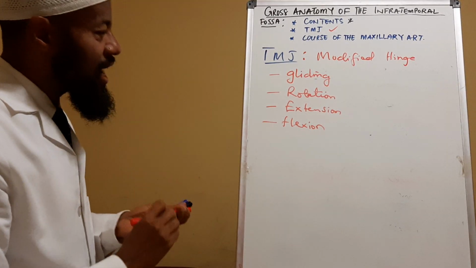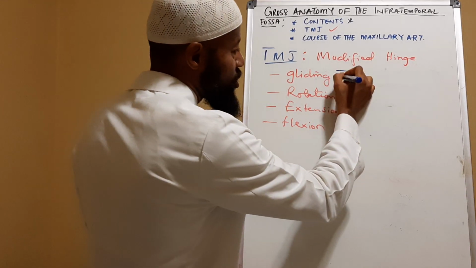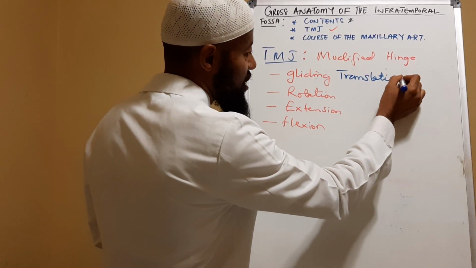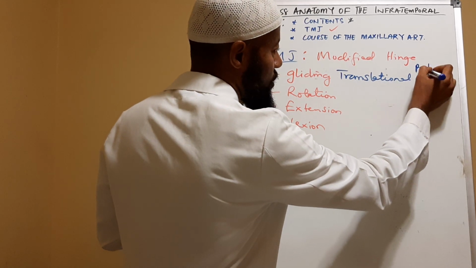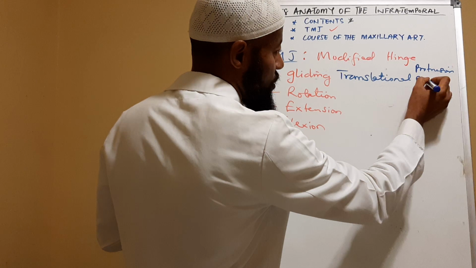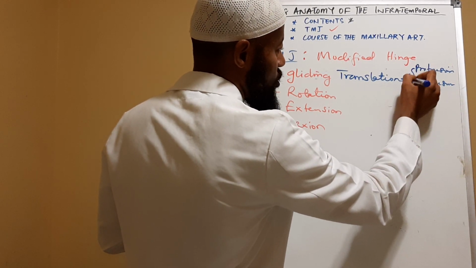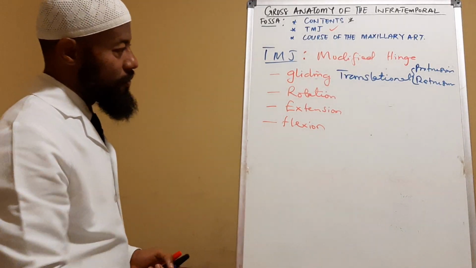Alright, the gliding kind of movement that is established at the TMJ is translational. It's translational movement that brings about protrusion and retrusion. So it brings about these two movements, protrusion and retrusion, which I'm going to show you right now.